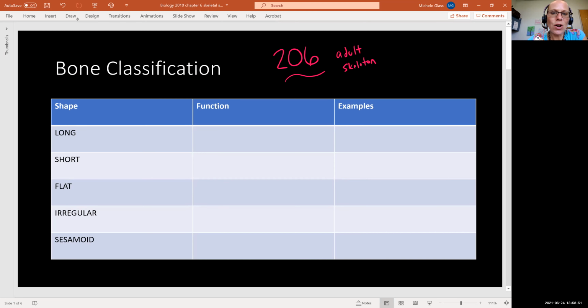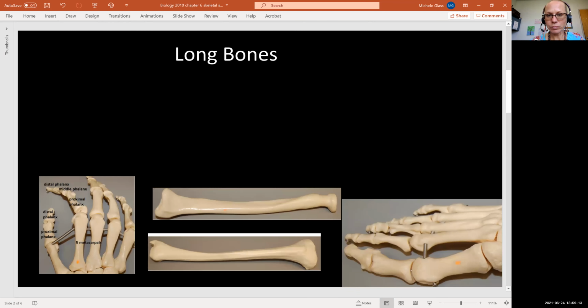The second column is called function, and this is where you can record the type of function associated with each shape. And the third column is called example, and so that's where you can list out your examples. And this would then give you a really easy note reference as you go back and study this material.